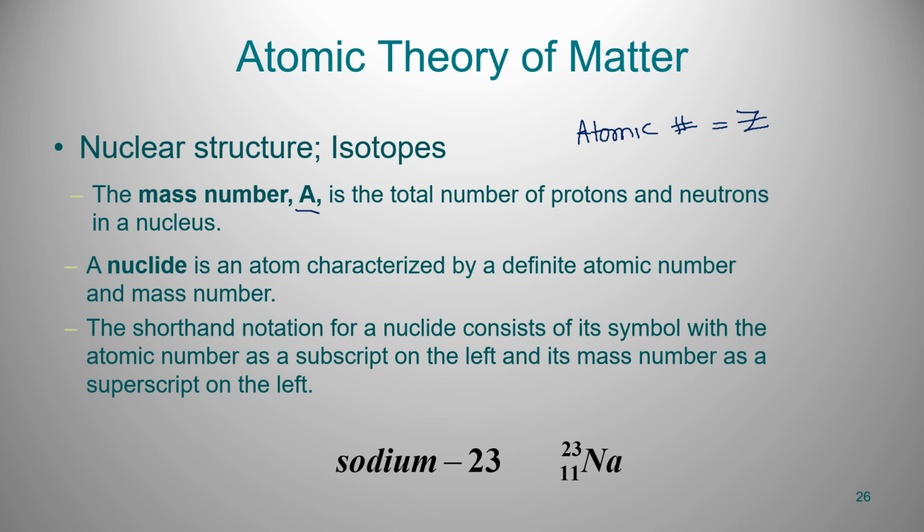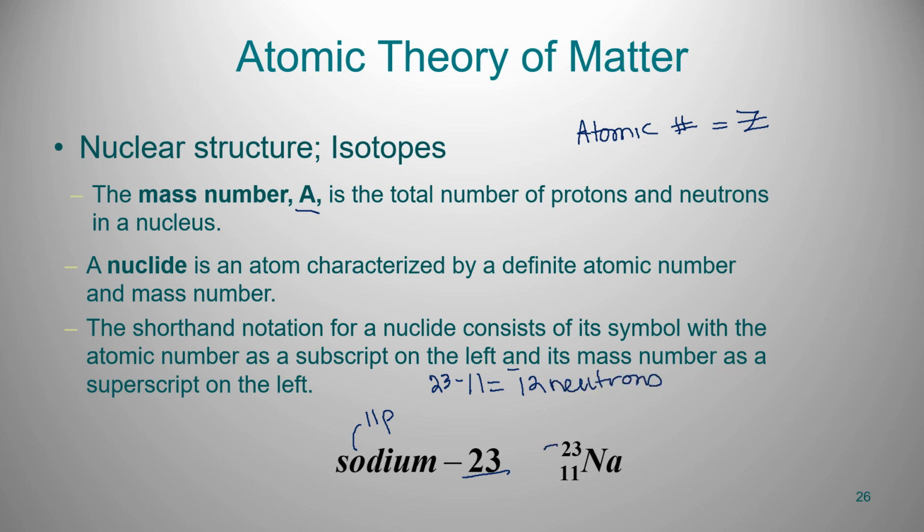Sodium has 11 protons, so it's element number 11. And if the total mass is 23, that means it must have 23 minus 11 equals 12 neutrons.